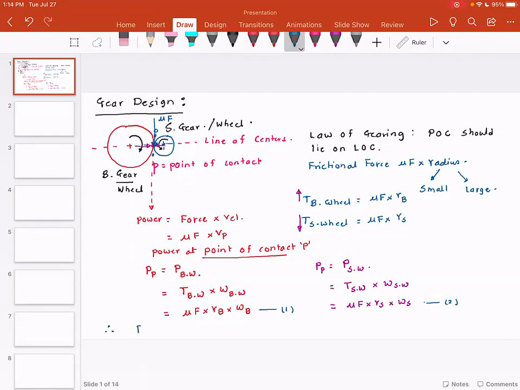So I can say P is equal to mu F times RB times omega b is equal to mu F multiplied by RS multiplied by omega s. That means if I were to cancel mu F on both sides, I get the relationship that we derived in last class.